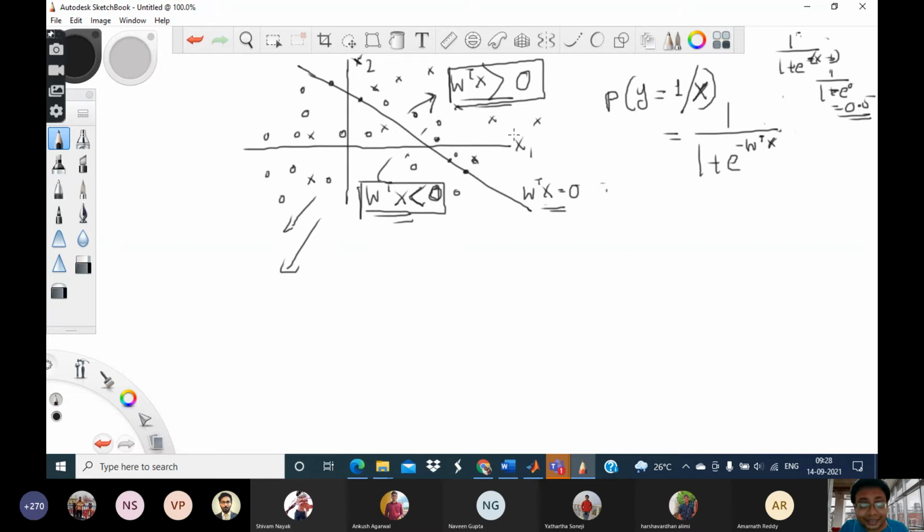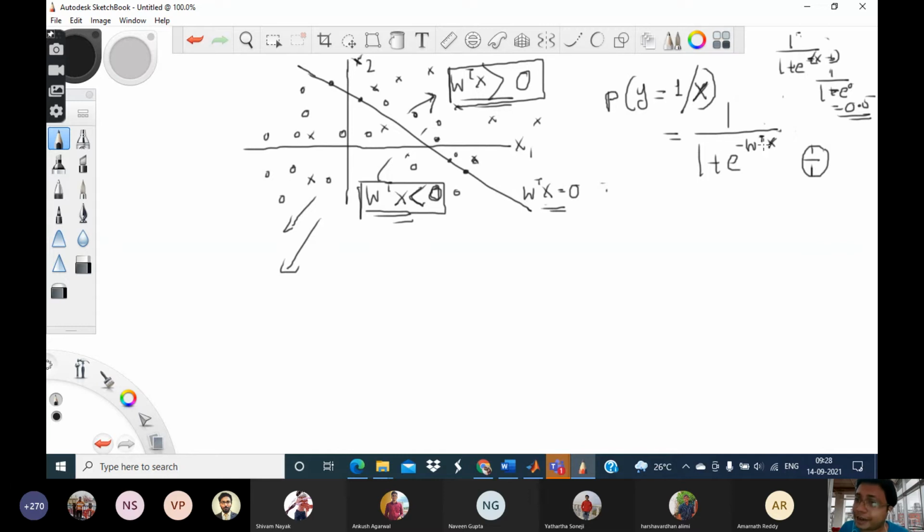And then as I move further and further, deeper and deeper into this side, my w transpose x becomes larger and larger, which means the exponent of e becomes smaller and smaller. And as the exponent of e becomes smaller and smaller, the whole denominator becomes closer to 1, so I come closer to 1 by 1, that is 1 itself.